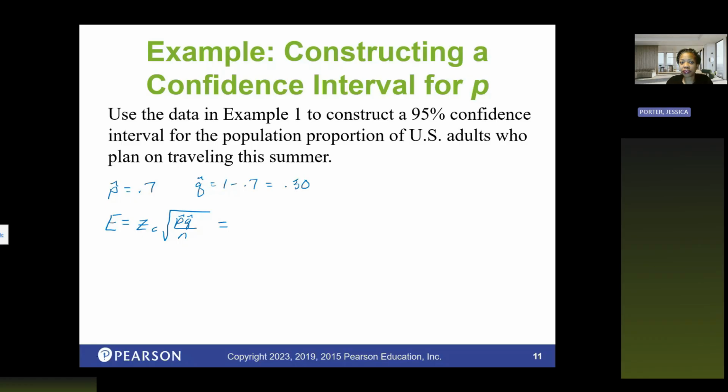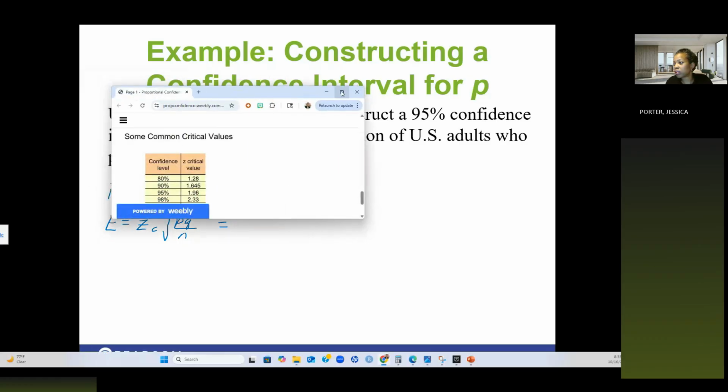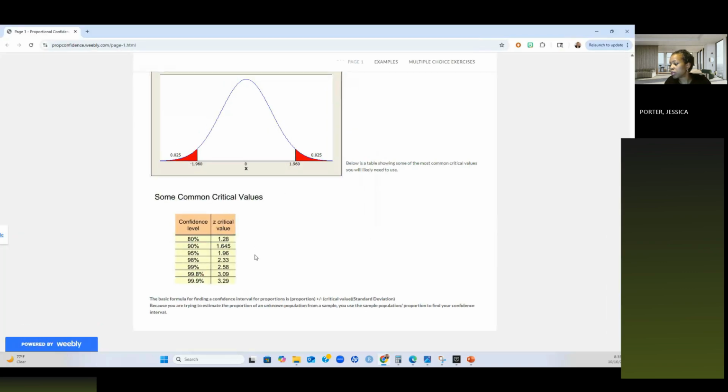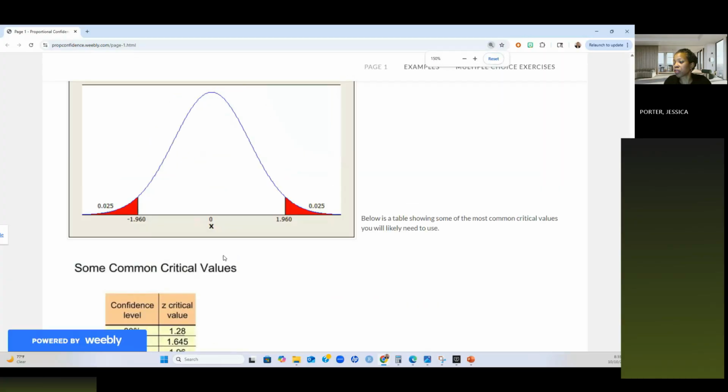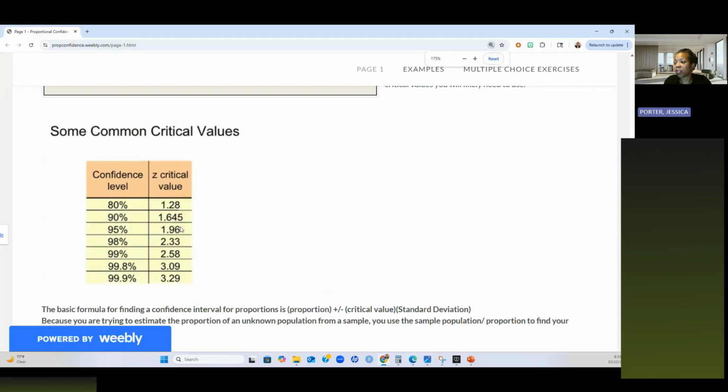This is something you might want to keep on your note card. At the 95% level it is 1.96.